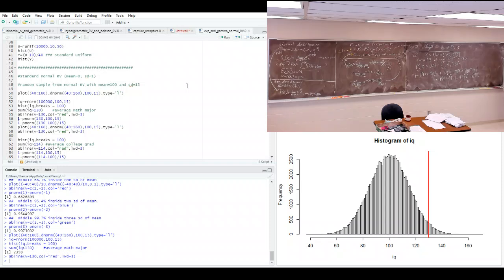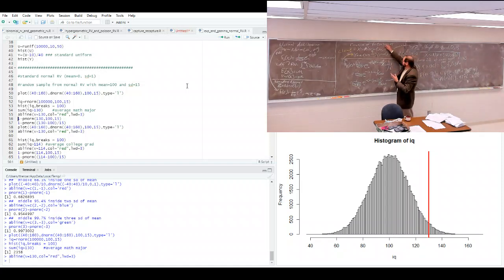I can answer it exactly. Remember, pnorm will give me the cumulative distribution function for a normal random variable. So pnorm 130, 115. By the way, I had mentioned this difference between sigma and sigma squared.